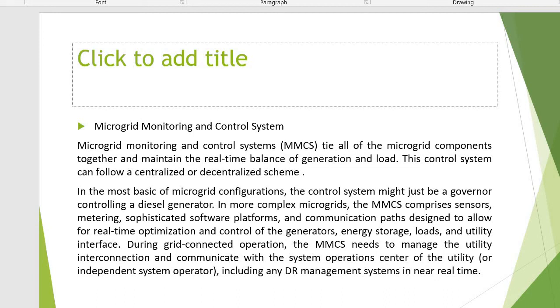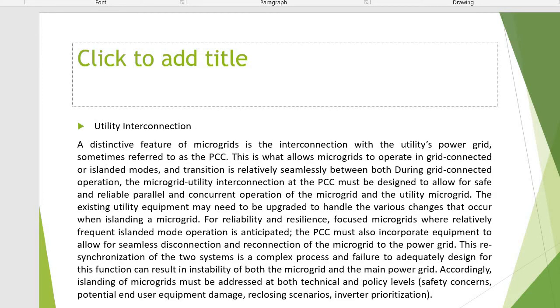in real time. Now, when we talk about utility interconnection, a distinctive feature of the microgrid is the interconnection with the utility's power grid, which is the point of common coupling, right? This allows the microgrid to operate in the grid connected mode or also in islanded mode. That means apart from the grid, not connected to the grid. And the transition is relatively seamless between both.